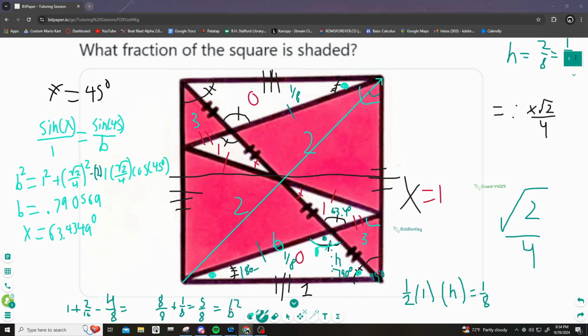So 180 minus 45 minus 63.4, whatever that value is, 18.43.